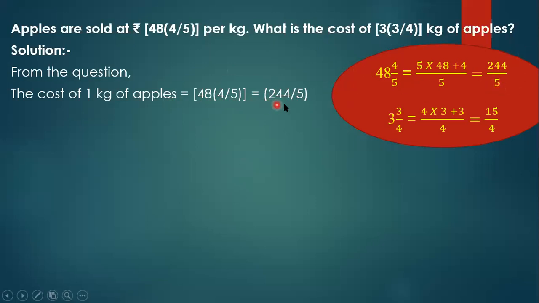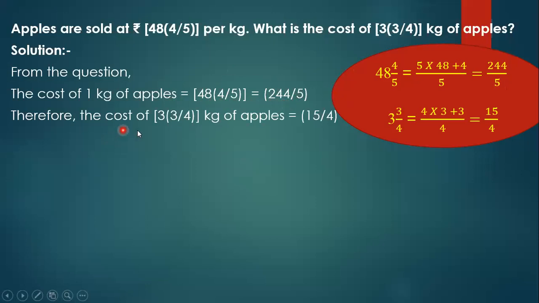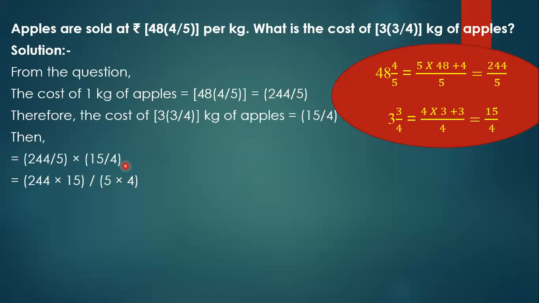What did we get? 244 by 5. Here we have cost of 3 by 4 kg of apples would be what? We will multiply both of them because it's very simple. If you're not getting why we multiply, the thing is for 1 kg the cost is this much. So for these many kgs it would be these many multiplied by the cost of 1.